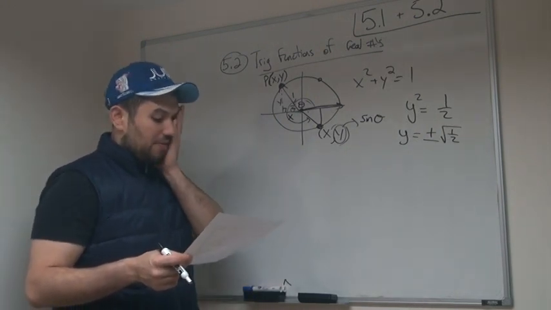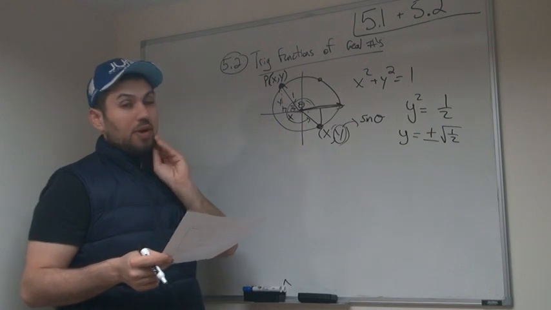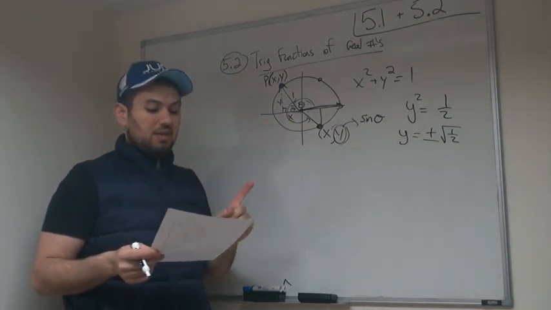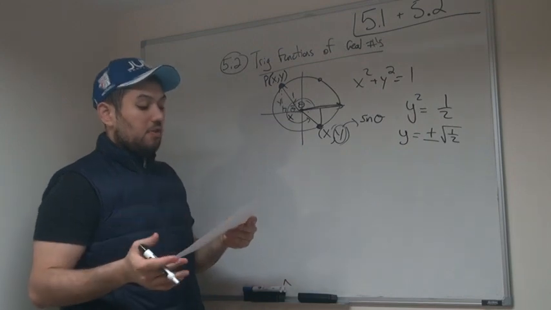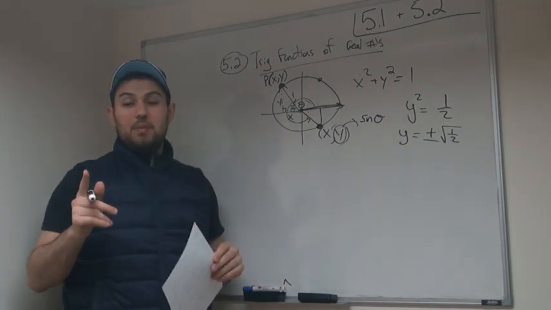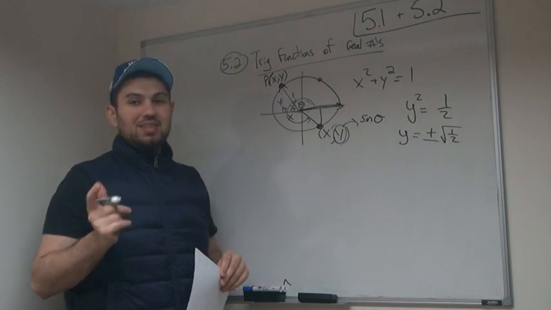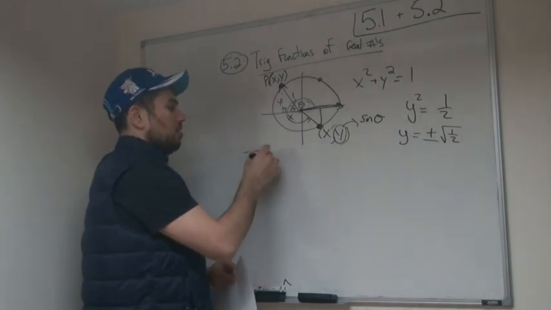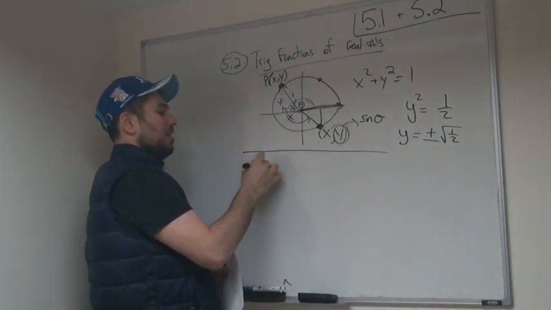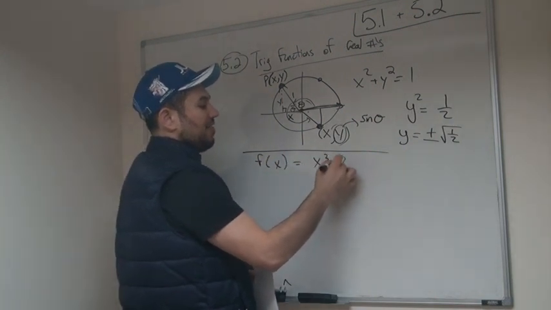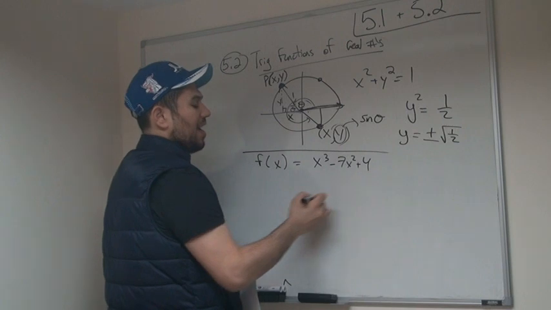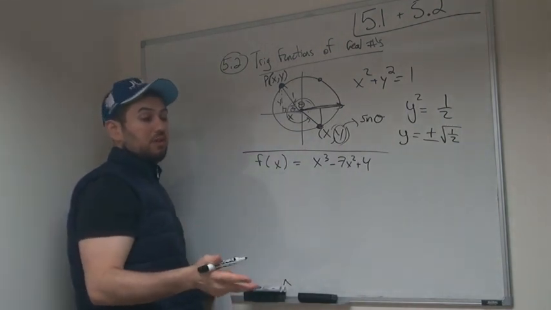On slide 105 though, I do point out the one thing that I didn't cover yet in these sections that is somewhat important. Even or odd properties. I told you they'd come back to haunt you. So when we discussed even or odd functions, we discussed a function like f of x that could be x cubed minus 7x squared plus 4, and I asked, is it even, odd, or neither?